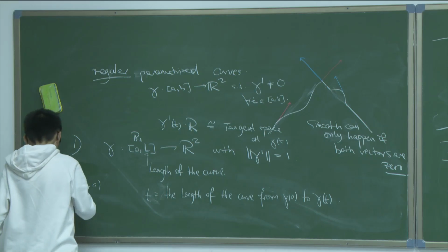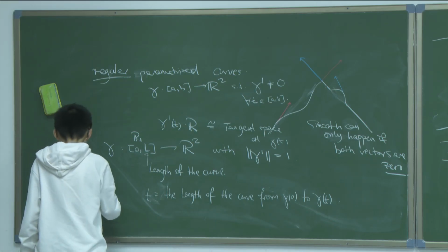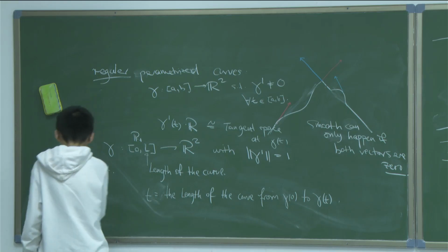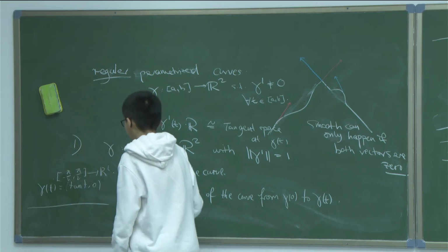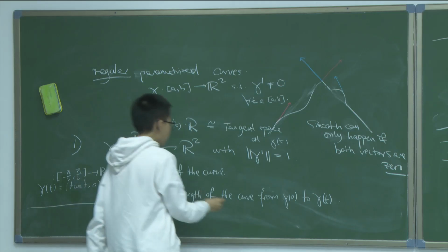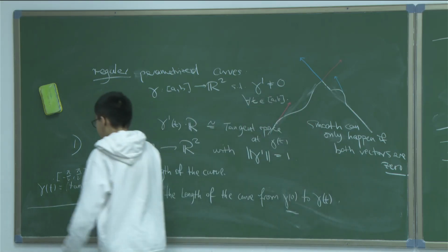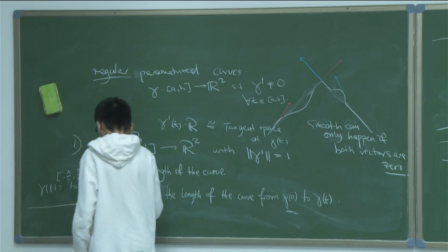What is that curve? It's like an infinitely long line. But now gamma 0 is not defined. So how to define this infinite curve?